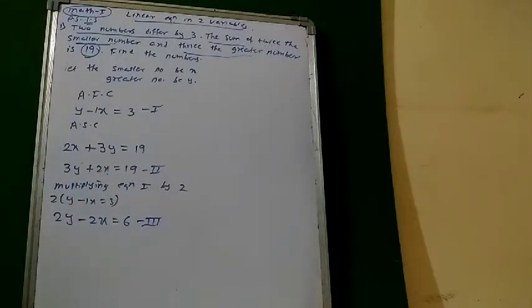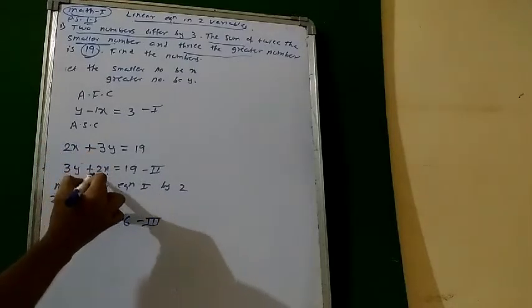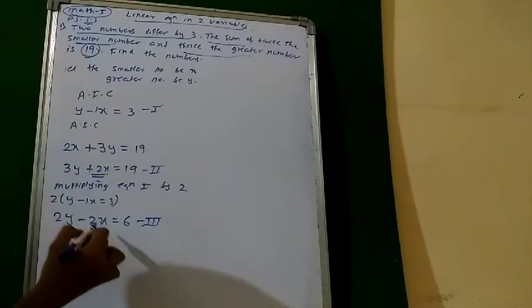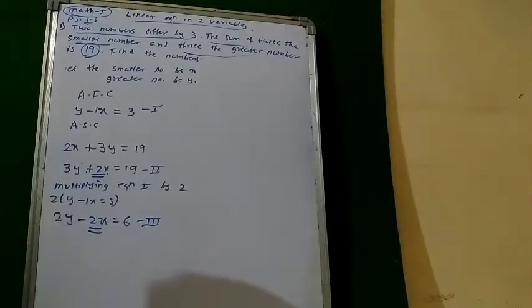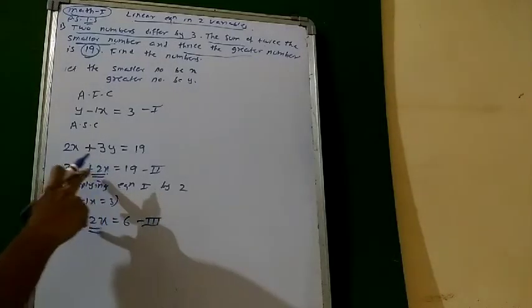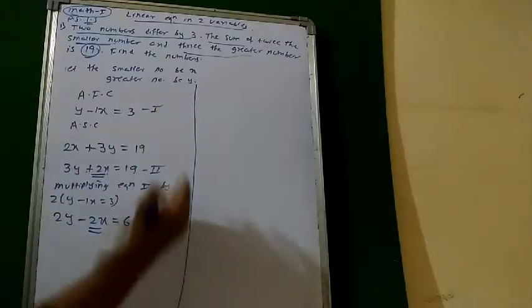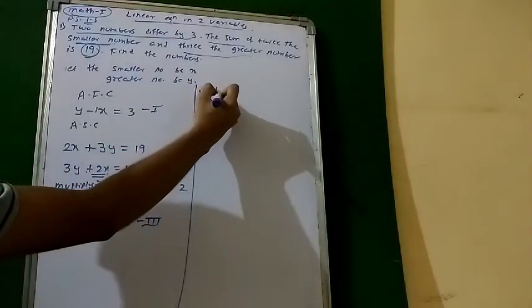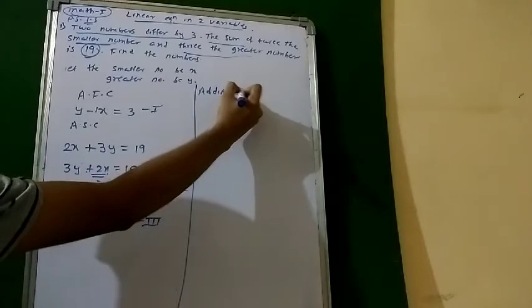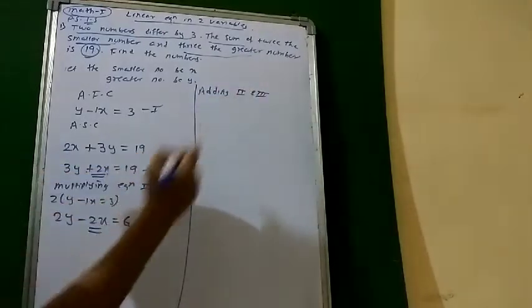Okay. Now we have 2x over here and 2x over here, plus sign and minus sign. Whenever coefficients are same and signs are different, we will add the equations. Adding 2 and 3. So what is 2?